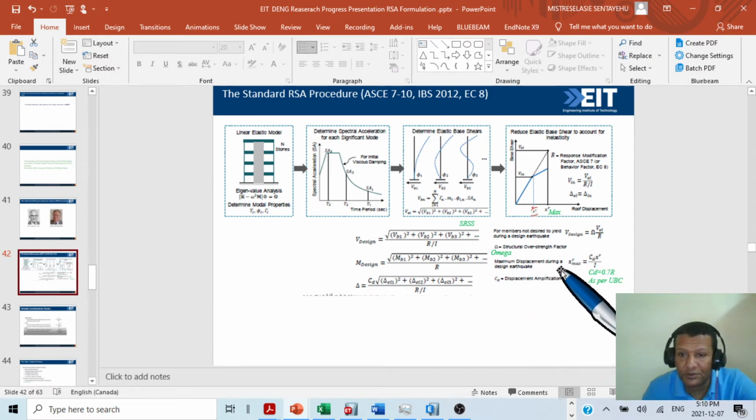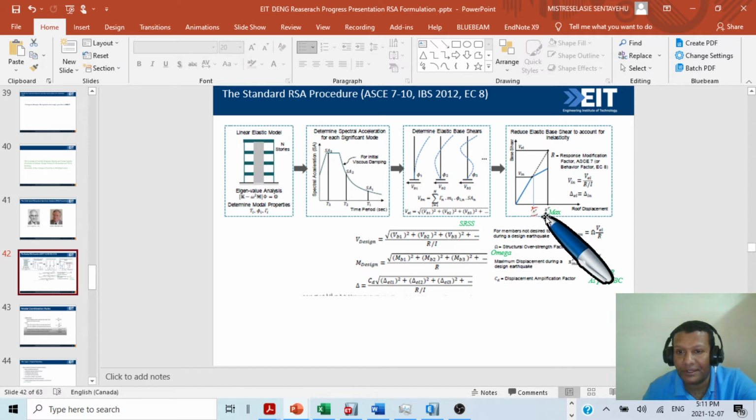Maximum displacement during a design earthquake, this one XR max here. Mostly it is the same, because here our structure will start to be ductile from here, this one XR. So what we are going to do, we have to amplify it with the CD factor.